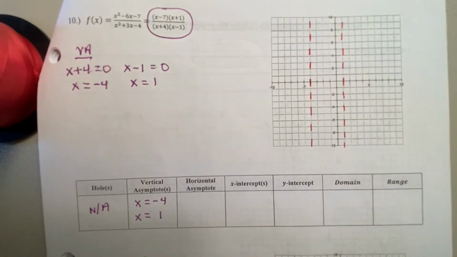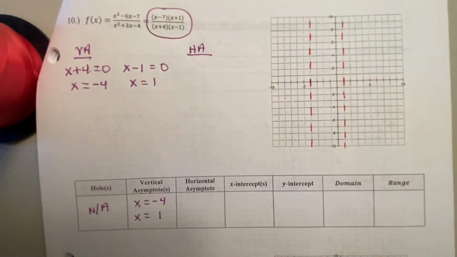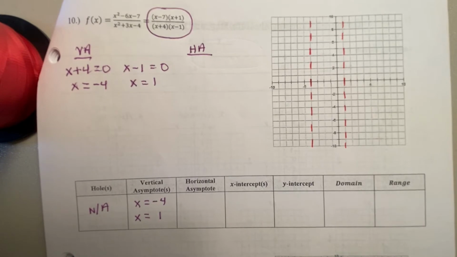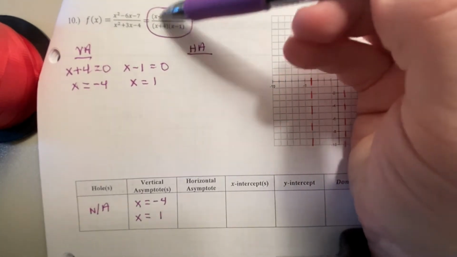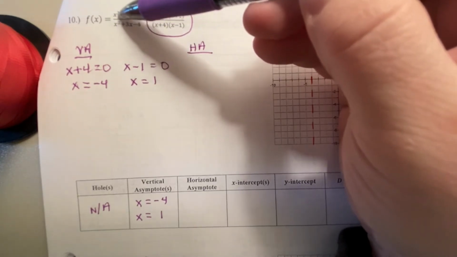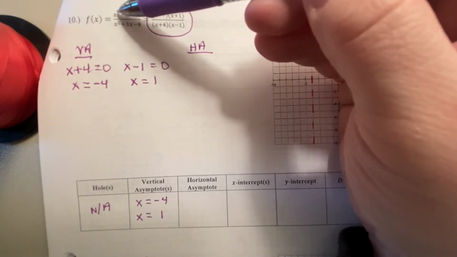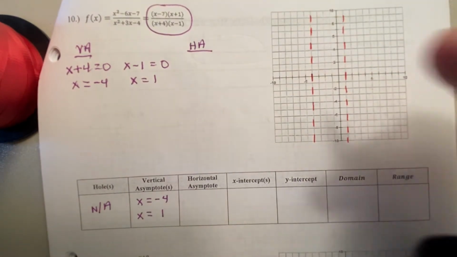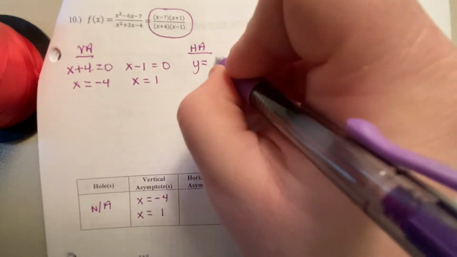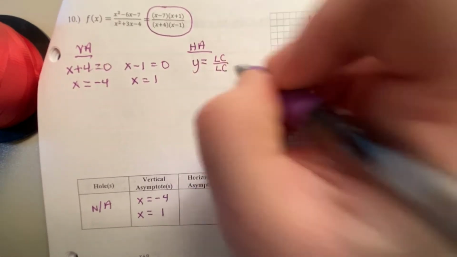Now I'm going to look at my horizontal asymptote. For horizontal asymptote, we have to figure out, is it top heavy, bottom heavy, or equally heavy? This is fully factored, so I'm just going to look at the original. My leading degrees on both of these are 2 and 2. Well, that's equally heavy. So to get the horizontal asymptote, we say y equals the leading coefficient over the leading coefficient.